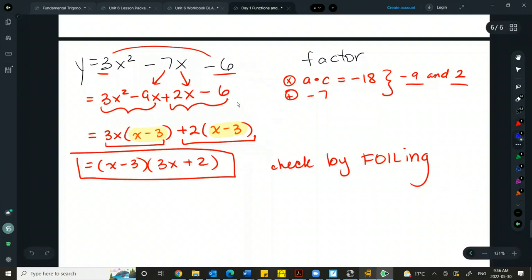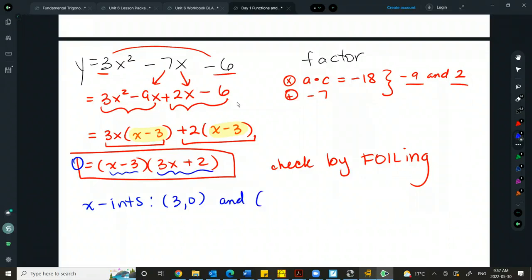What's the x-intercepts here if this was equal to 0? What's the x-intercept for x minus 3? Abby? 3? How about for this one, 3x plus 2? Abby, you know it?